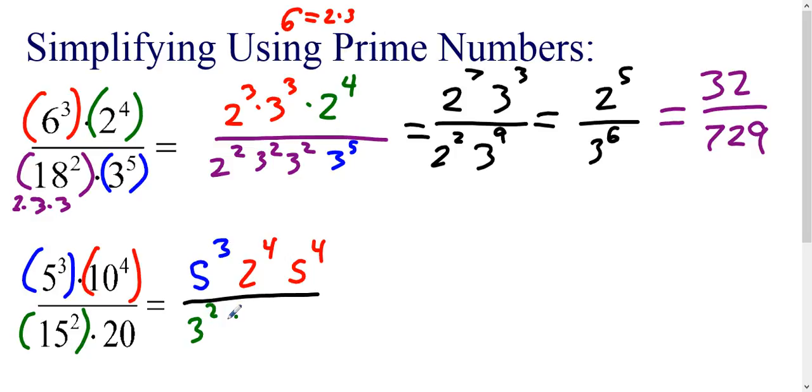So that's a 3 squared and a 5 squared. And then 20, there's no exponent involved, so we just have to break that down to primes. 20 is 5 times 4, and 4 is 2 times 2. So our primes would just be 5, 2, and 2, or you could say 2 squared, whatever.